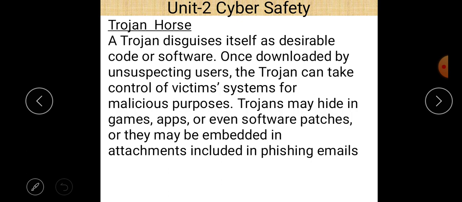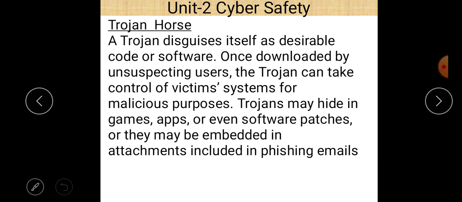A Trojan may hide in games, apps, or even software patches, or it may be embedded in attachments, including phishing emails. The concept of phishing was already discussed in our last lecture, where I also told the concept of the Trojan horse. The first very important point is that the Trojan horse disguises itself as desirable code of the software.